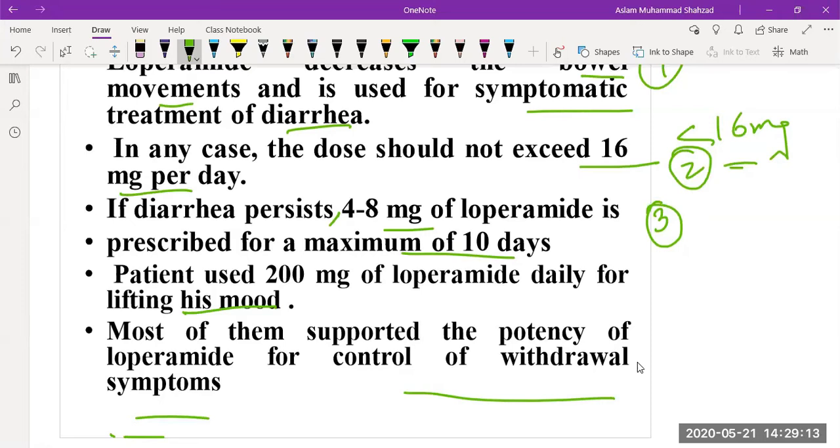Obviously the use of narcotics such as codeine, heroin, or morphine is not good, but if a patient needs to recover or rehab from these drugs, then we can give loperamide under these circumstances to control the withdrawal symptoms of the other drugs.